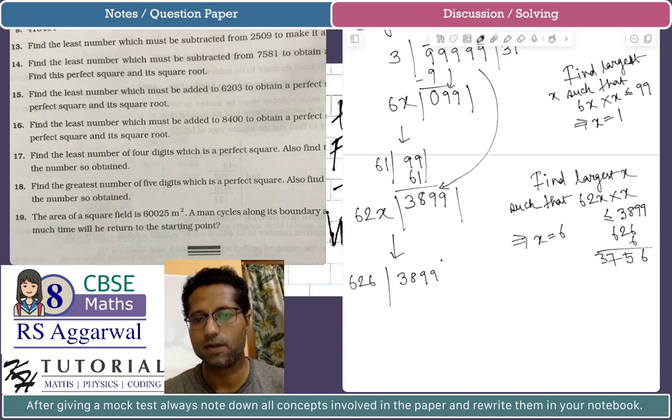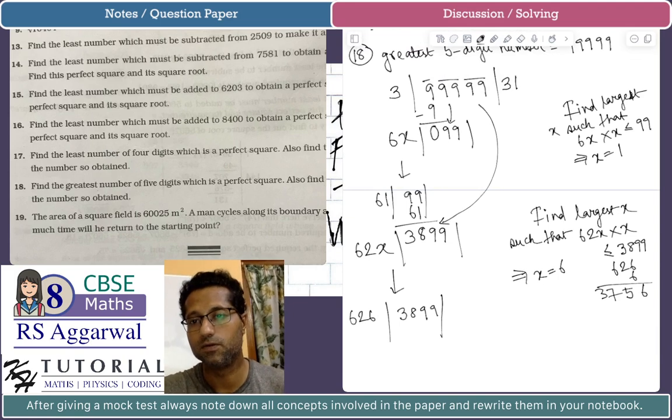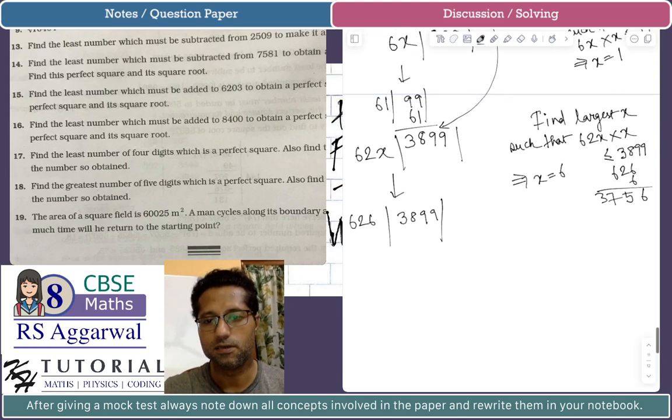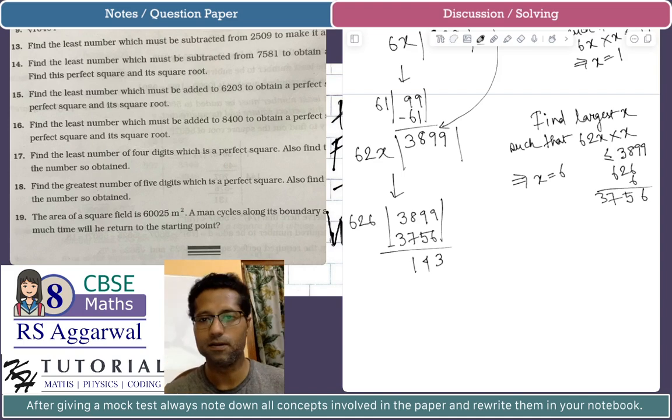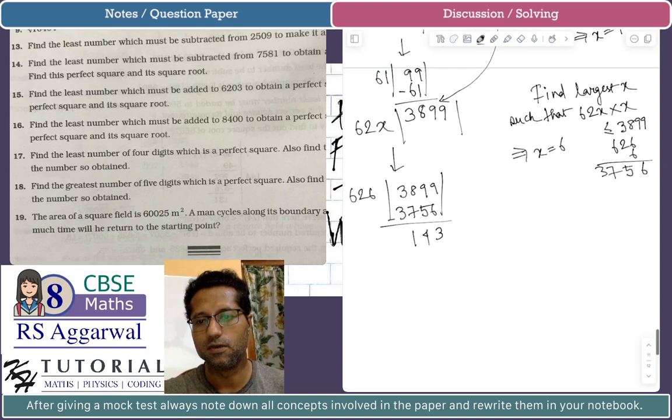This 6 will also get appended to the current quotient. So the current quotient will become 316, and 626 multiplied by 6 is 3756. The remainder becomes 143, definitely because there are no more periods left. So this is the remainder, 143.